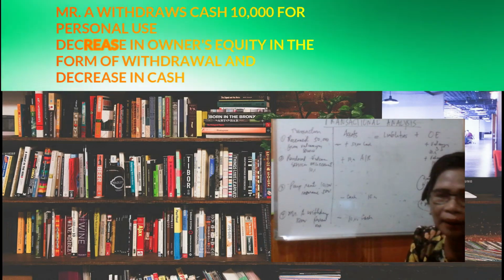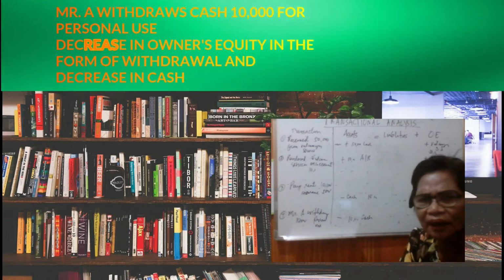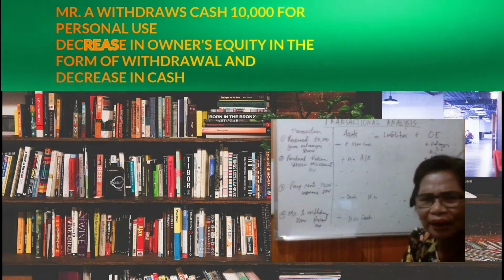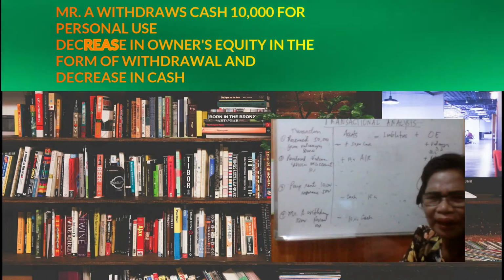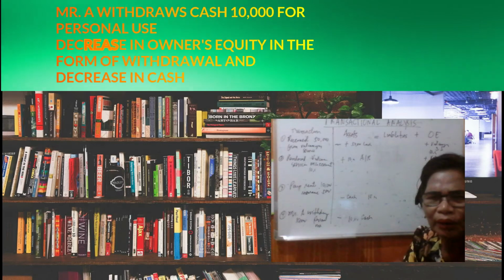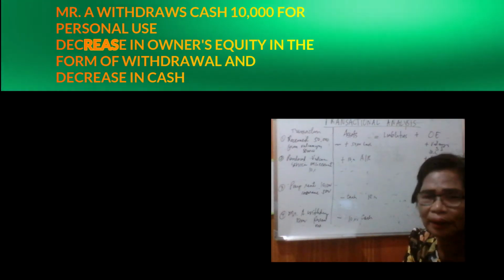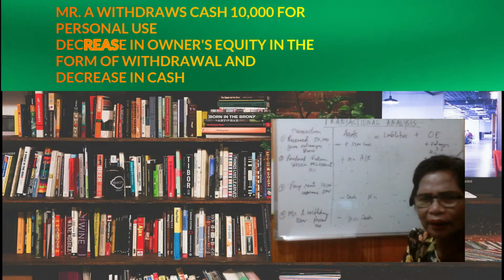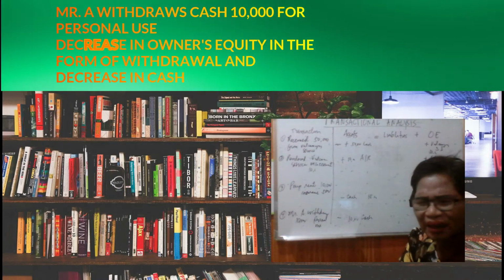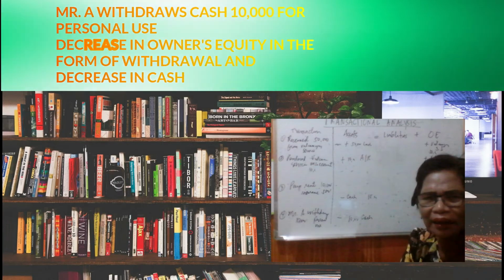Okay? So if you are still in a state of confusion because it is your first time, or you have taken accounting and until now you cannot understand why these drawings and these expenses work this way, those are some of the transactions that my students keep asking me about. Why is it that he is the owner, and then why is the cash decreased?